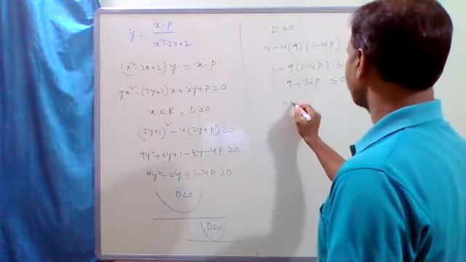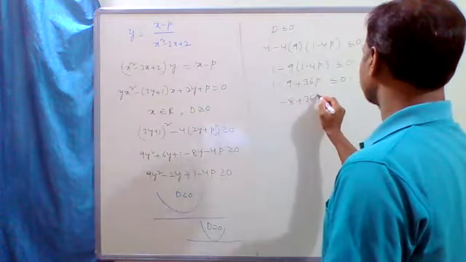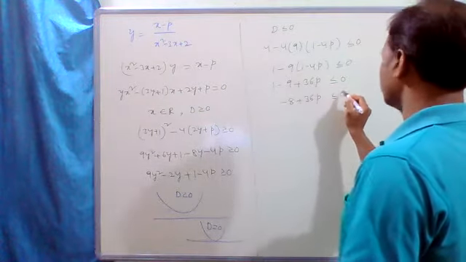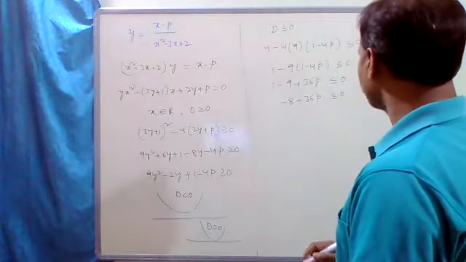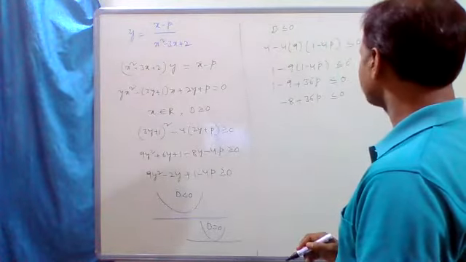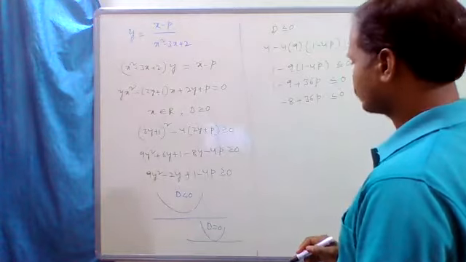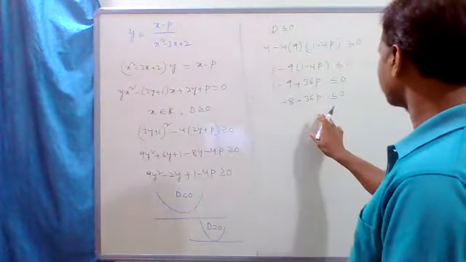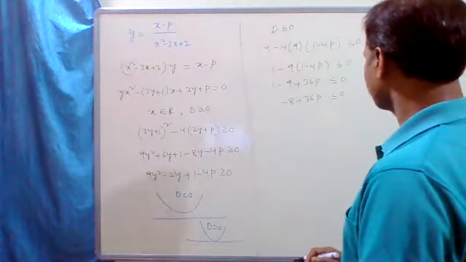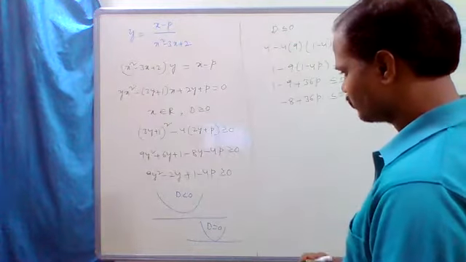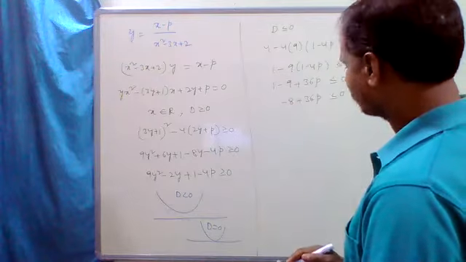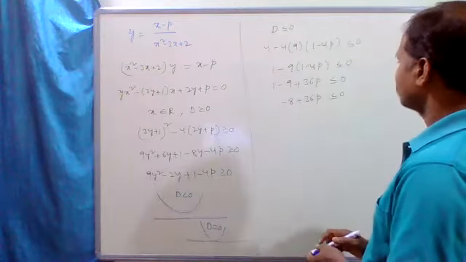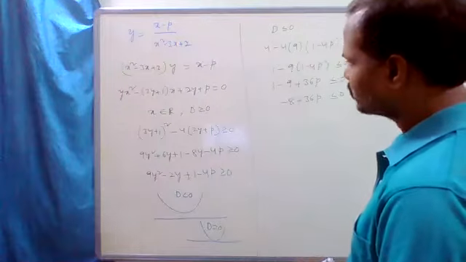Minus 8 plus 36p is less than or equal to 0. I think we made something wrong somewhere.